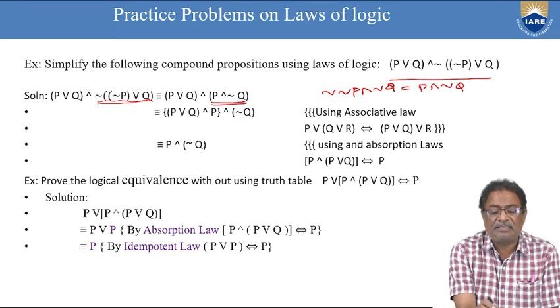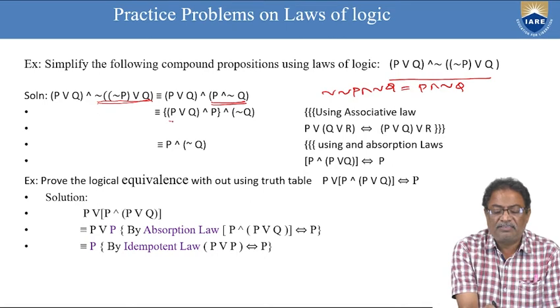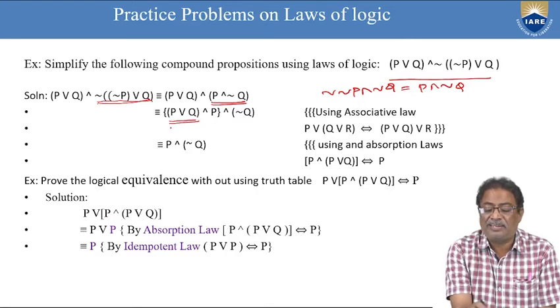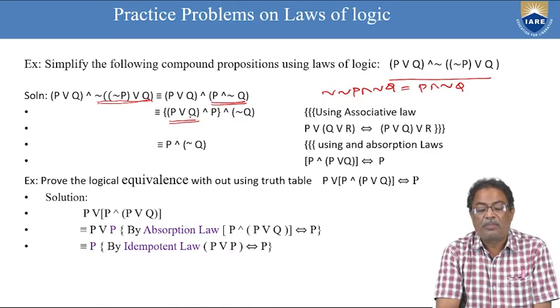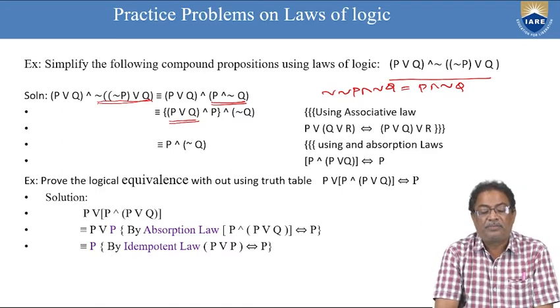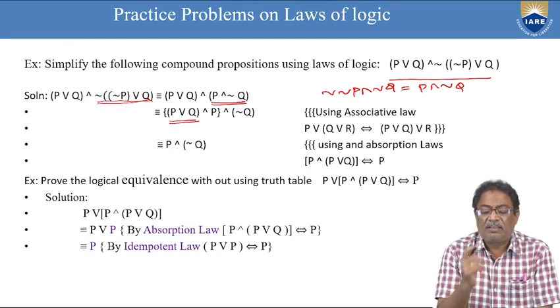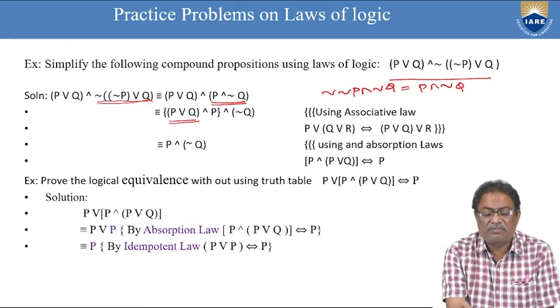So now let us concentrate. Let us observe this. This is P and, I'm going to rewrite this as P and (P or Q). P and (P or Q)... okay.